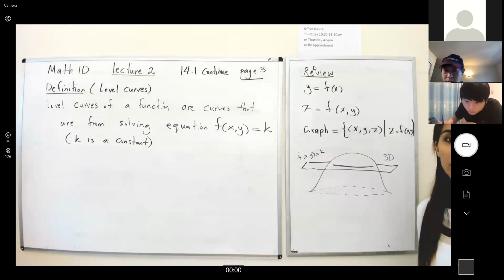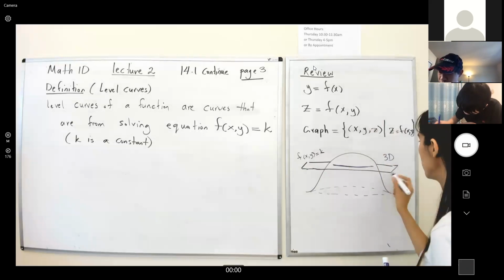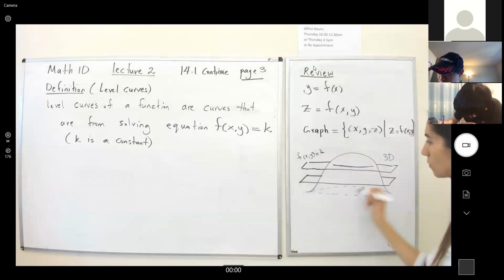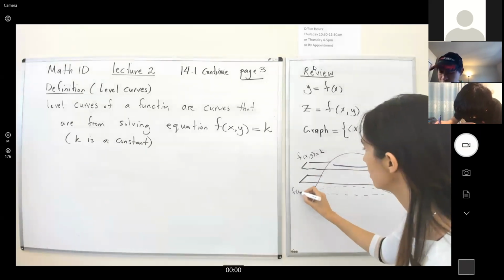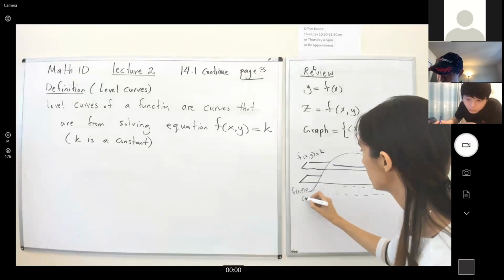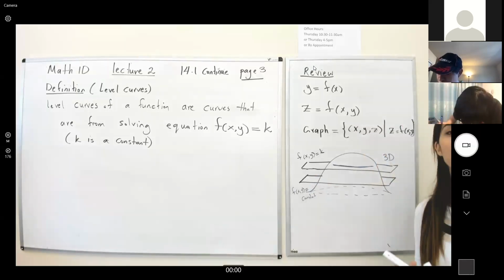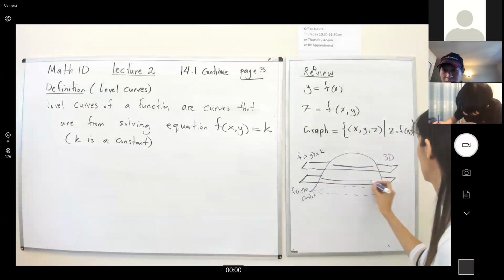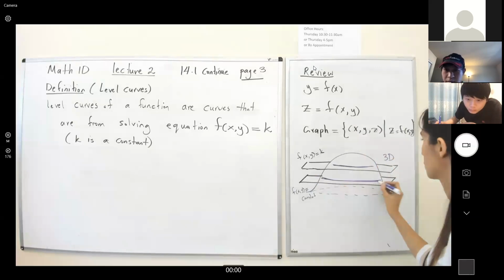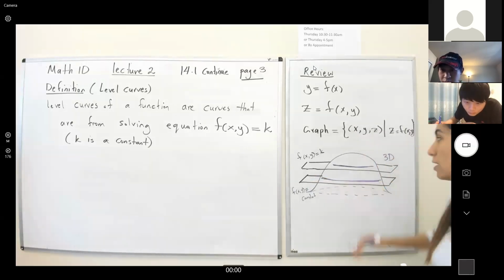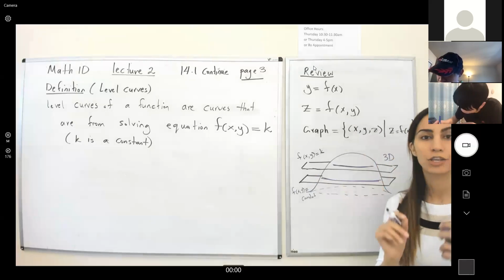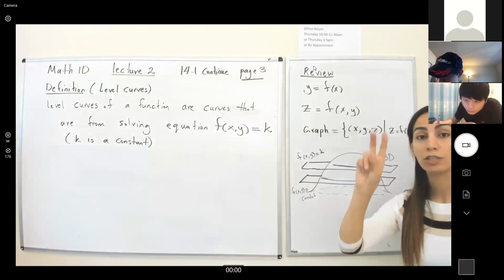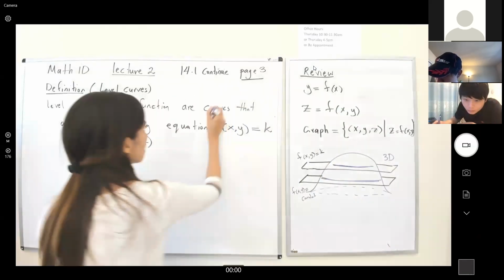Then you use another k, you slice one more time. f of x and y equals another constant. You get another slice on your graph. And you continue this process to visualize these curves. Remember that when you're talking about curves, you're talking about graphs in two-dimensional space.